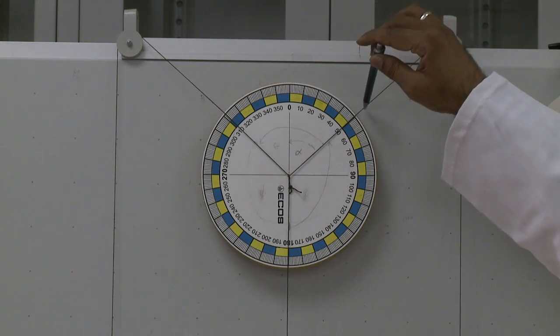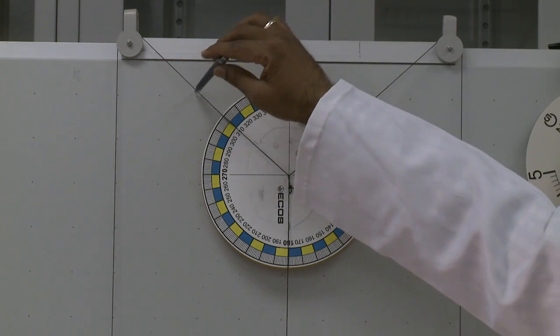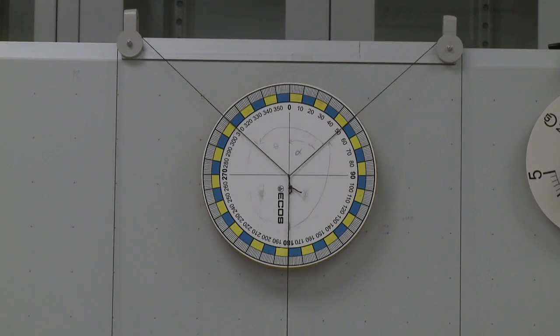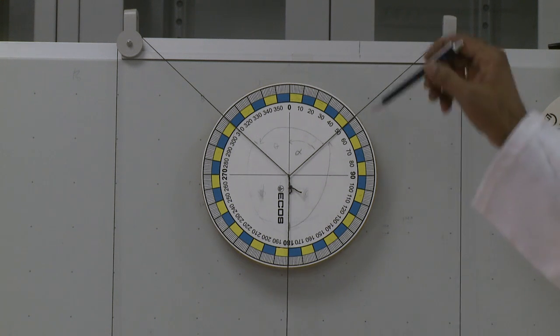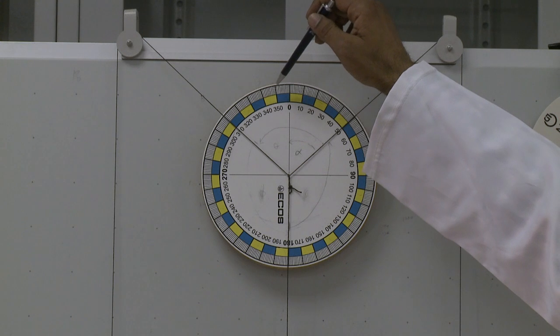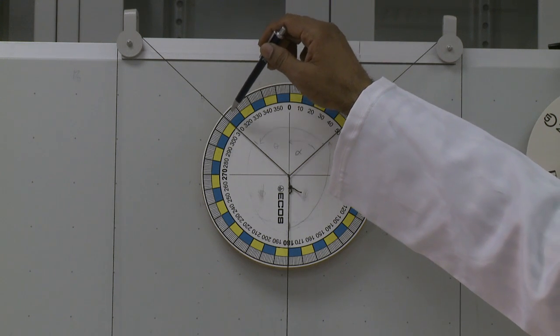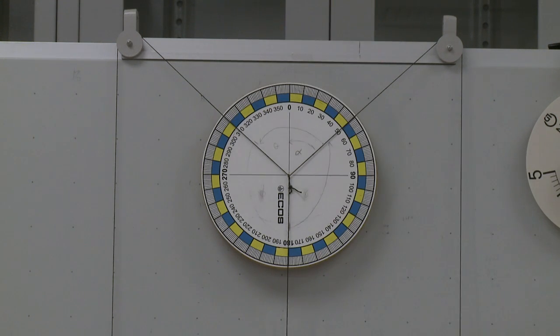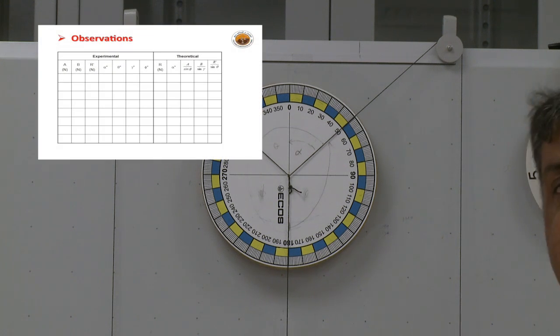Then from thread A to thread B, this will be called the angle theta. So, you will measure, already you have measured alpha over here, 51, then 10, 20, 30, 40, 50, and then you will add both of them to get the theta angle.